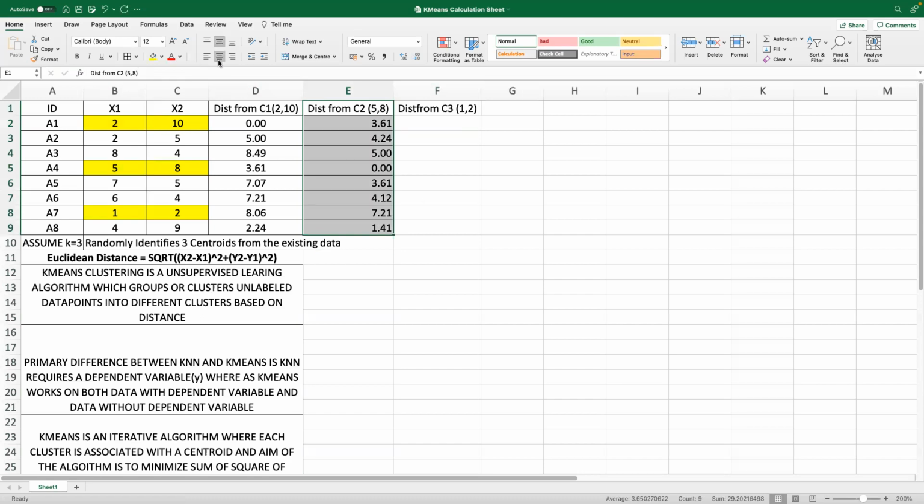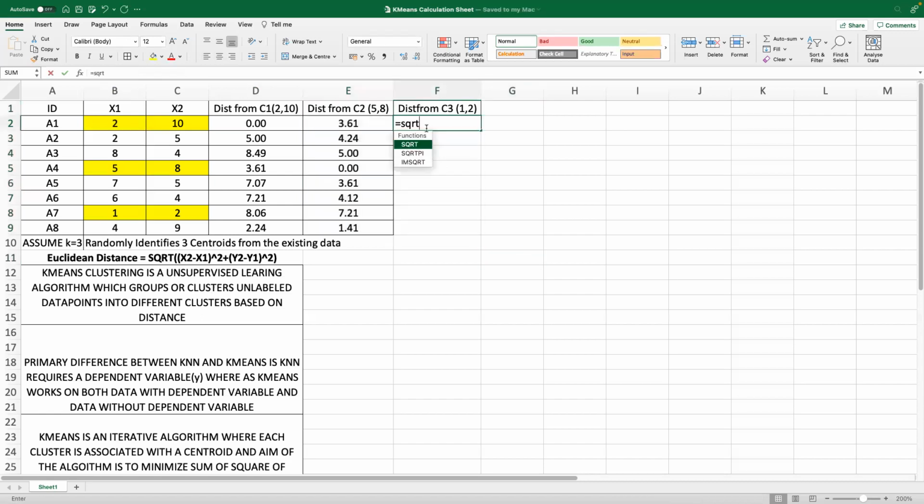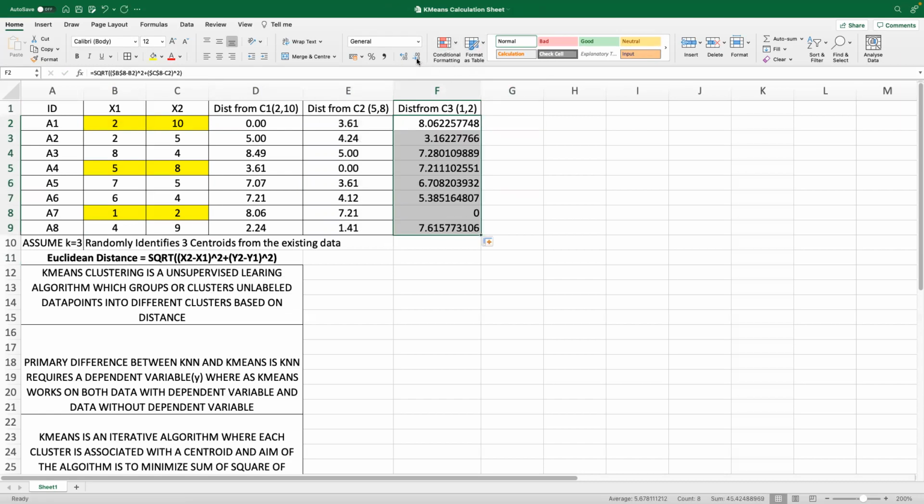We will apply all borders and center. Same thing here: is equal to SQRT open 2 brackets. This centroid is 1. Fix it by pressing F4, minus 2 to the power of 2 plus open bracket, 2 is the centroid, press F4, minus 10 to the power of 2, close bracket. So you got this as the distance, and anyway this will be 0. So we will reduce it to 2 decimal, all borders, center.